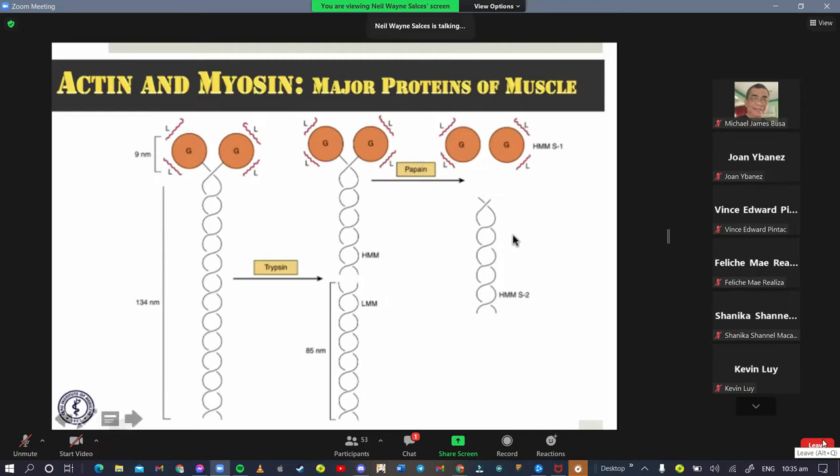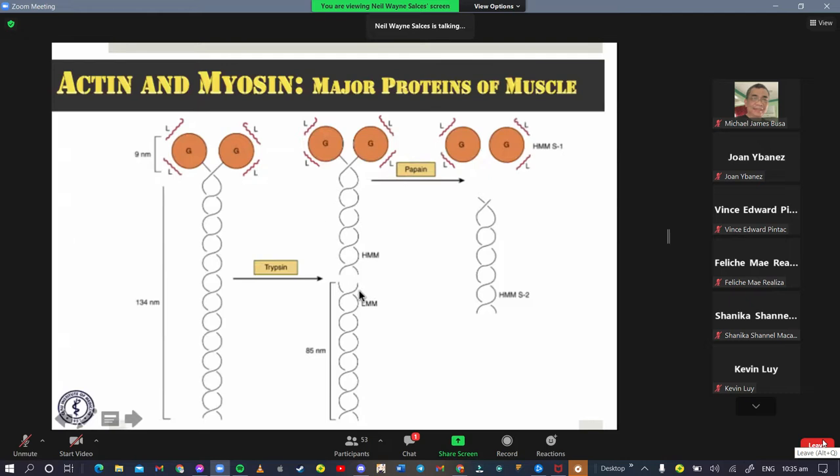When your myosin is digested with trypsin, your trypsin acts on the fibrous component, and two myosin fragments, which are your meromyosins, are generated. So you have your light meromyosin and your heavy meromyosin.